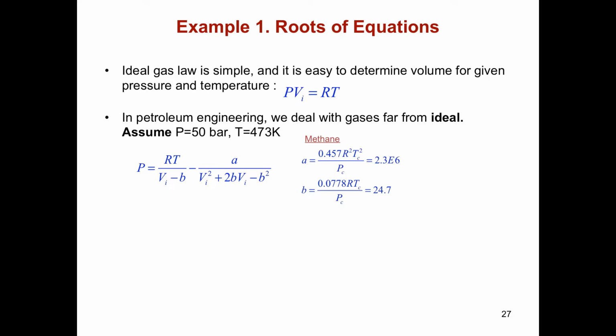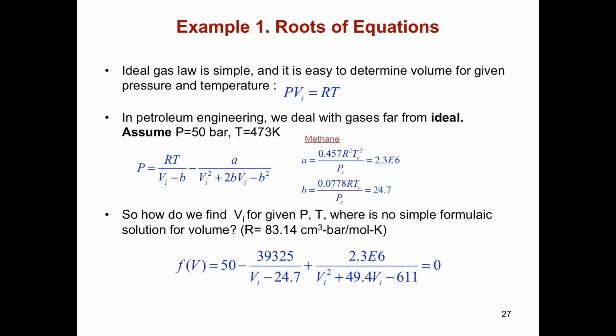This is something I would use, but I can't solve this easily. I don't have a formula that just spits out the perfect solution. So I need to design a numerical method. Now, what would be a guess? How would you go about it? Let's say that you don't have a numerical method.